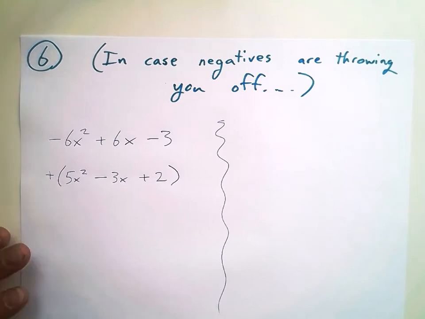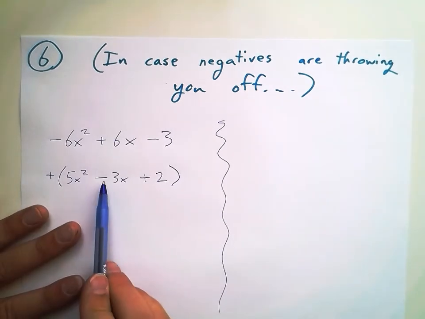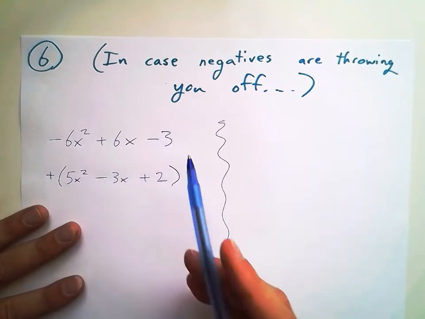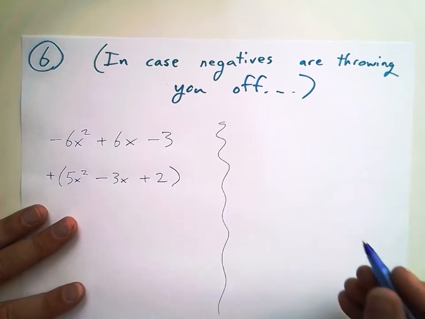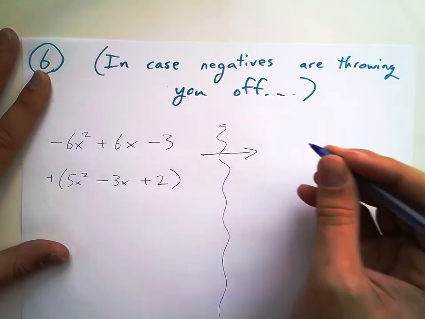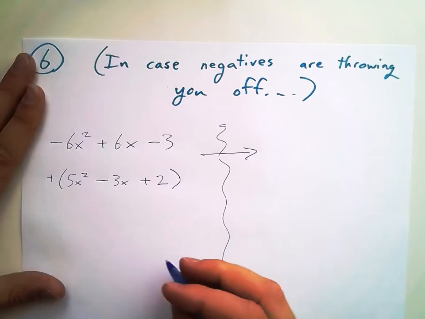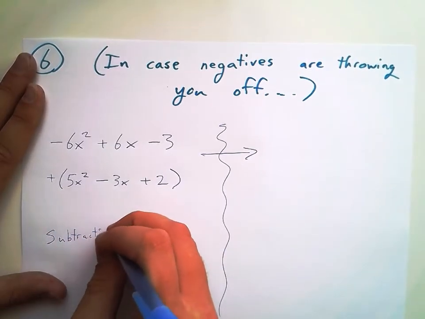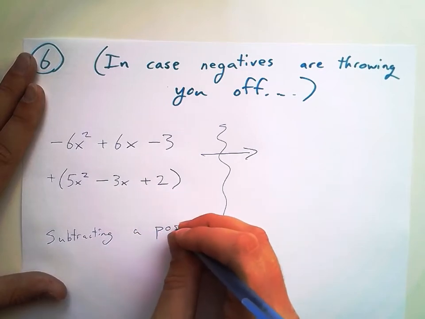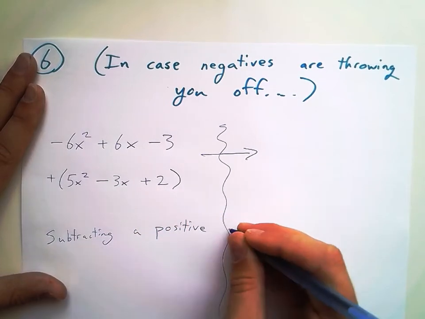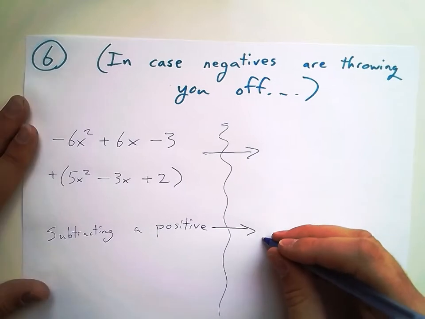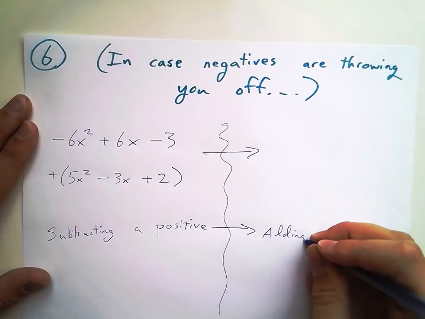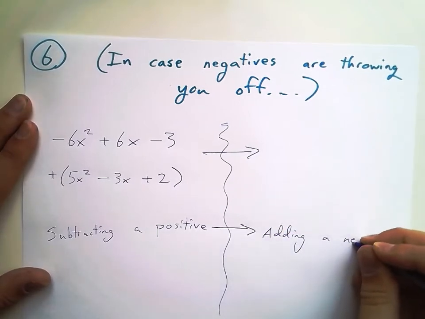Okay, so whenever you have minus right here, it's the exact same thing as plus a negative. Subtracting a positive, you can always rewrite it as adding a negative.